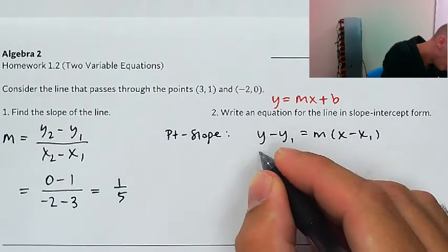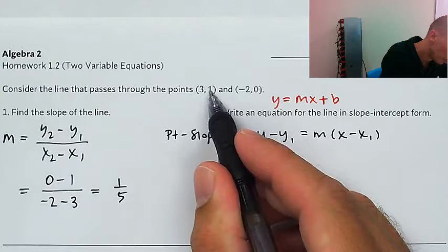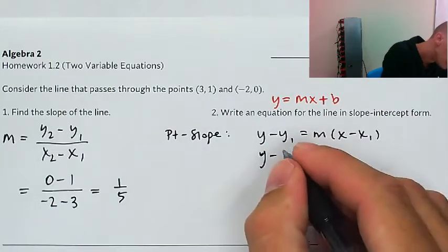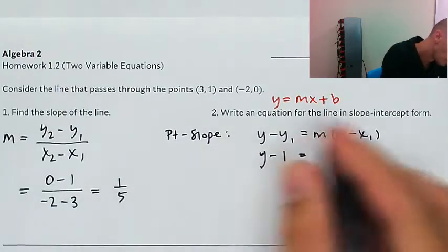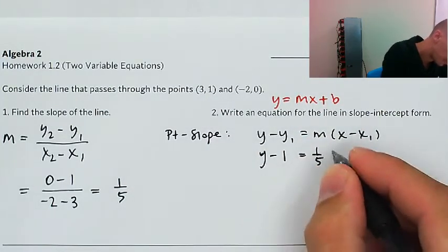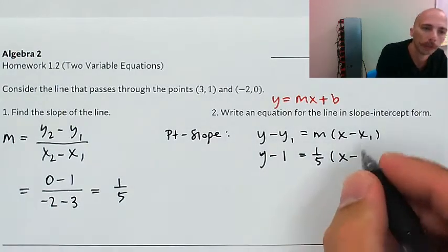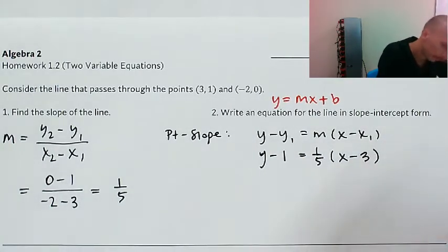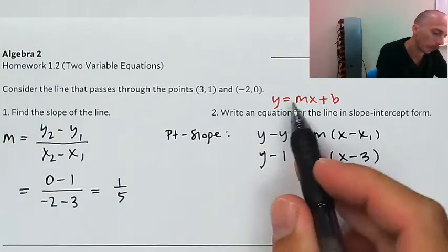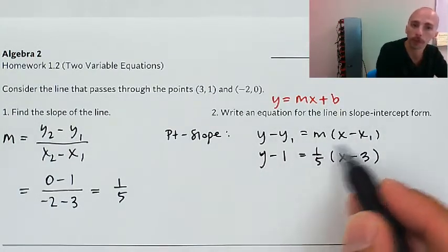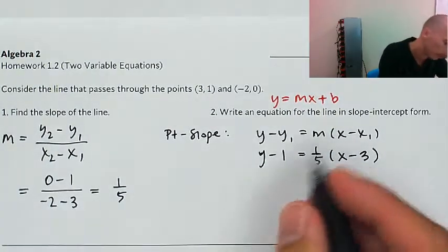So I'm going to say y minus the point I know is on the line, okay, so that's the y coordinate is 1, is equal to the slope times x minus the x coordinate of the point I know is on the line, so that's 3. Okay. So now to get y equals mx plus b, I'm going to have to distribute this 1/5 and then eventually add the 1 over there.